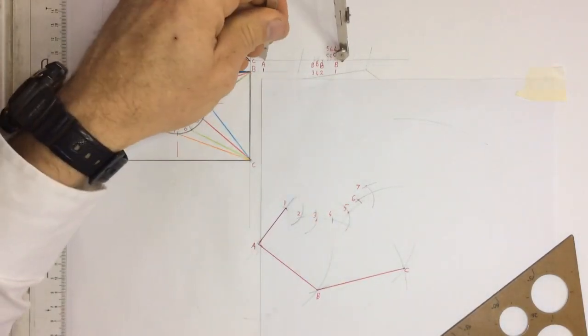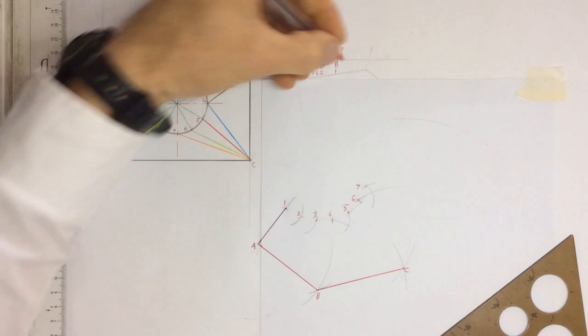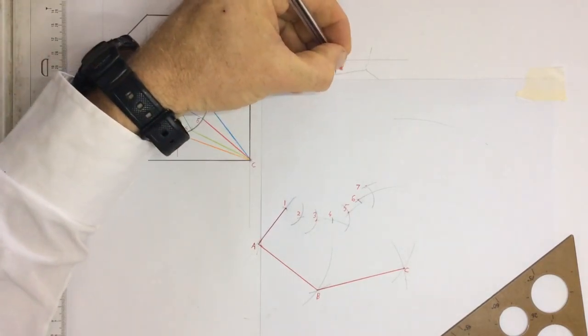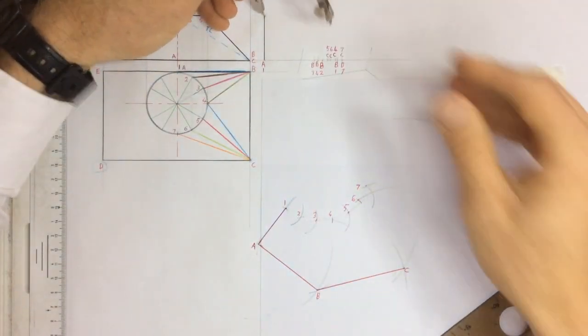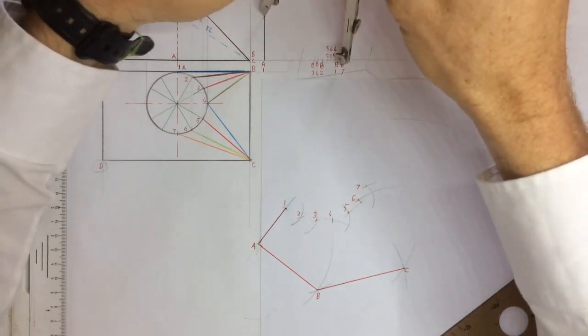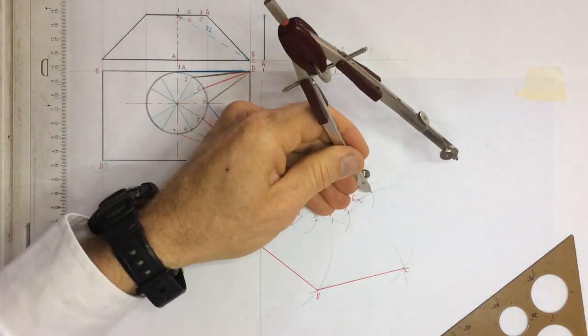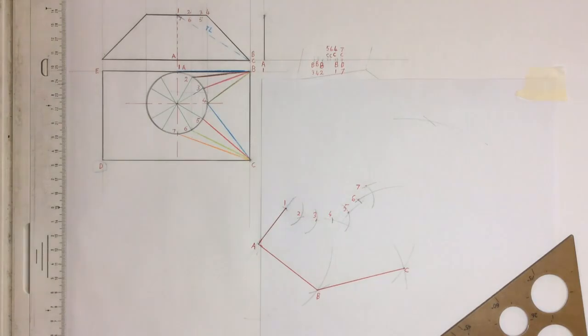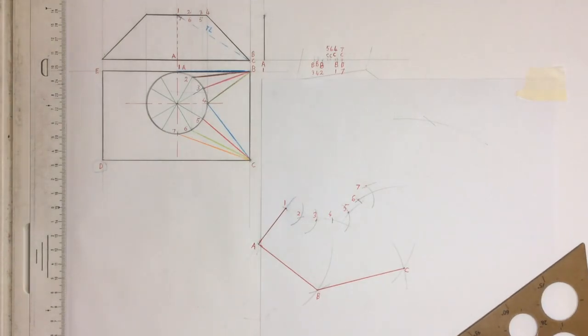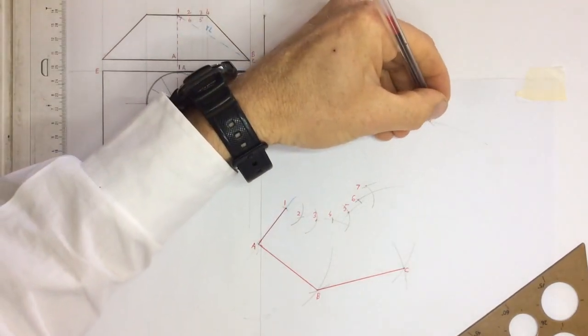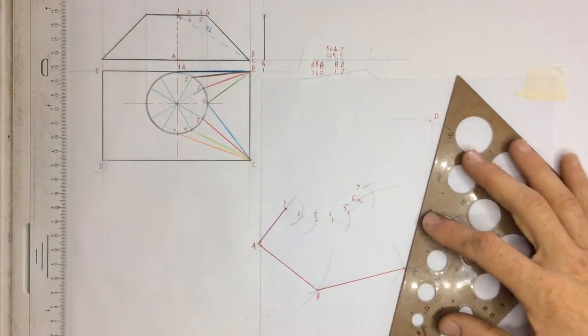Go along to your graph, mark it off, and I end up with D7. I'm going to measure off that distance over there. Going to go to 7 and mark it off, so I now have point D.